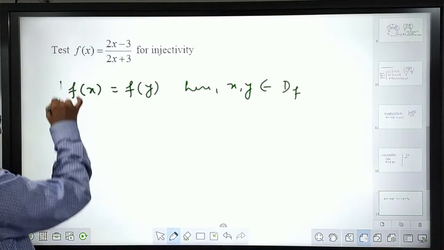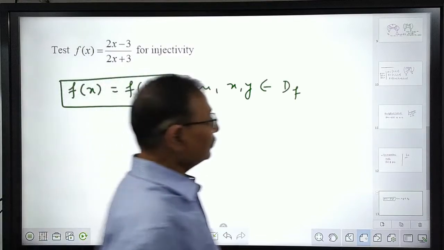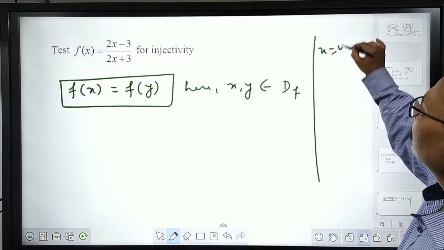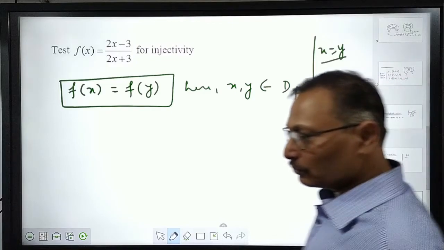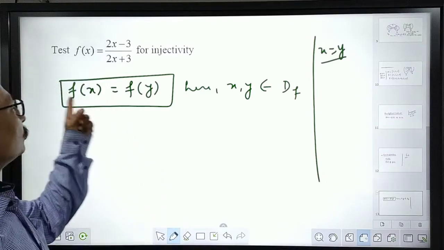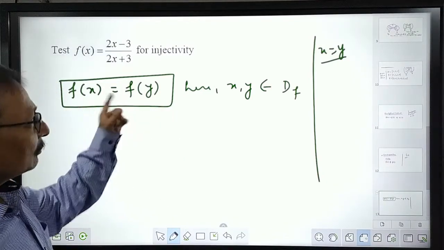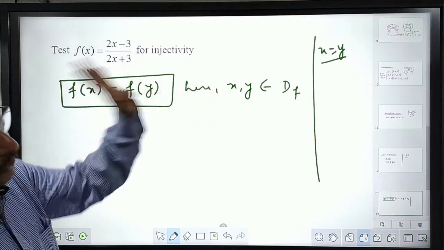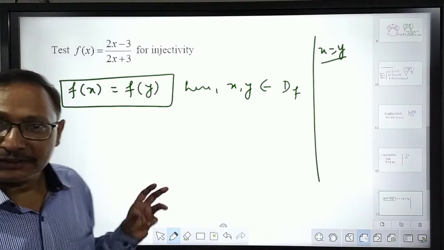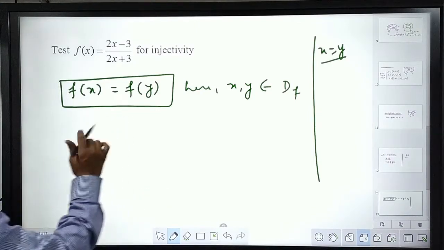And we suppose that f(x) is equal to f(y). And now our duty is to check whether x is equal to y or not. If x is equal to y, then we say that no two different elements will have the same image. If these two are equal, surely x is equal to y.